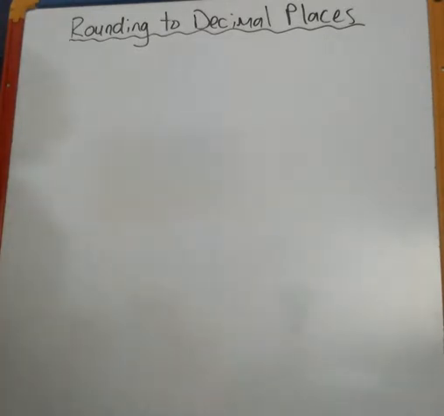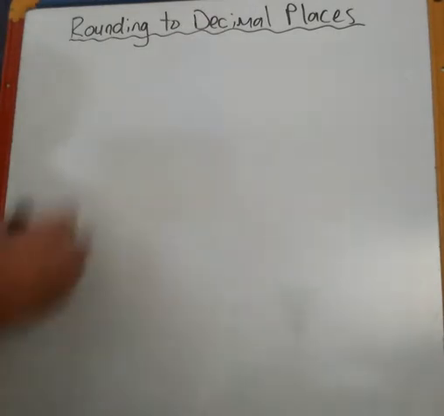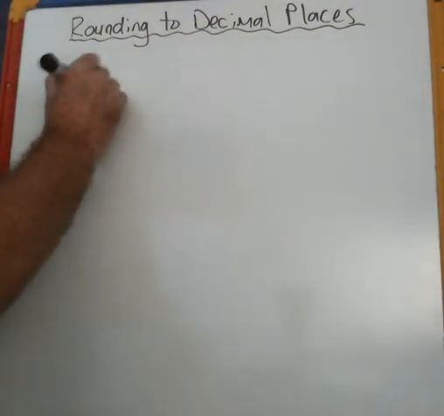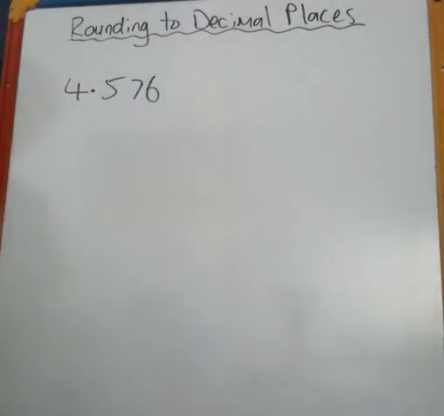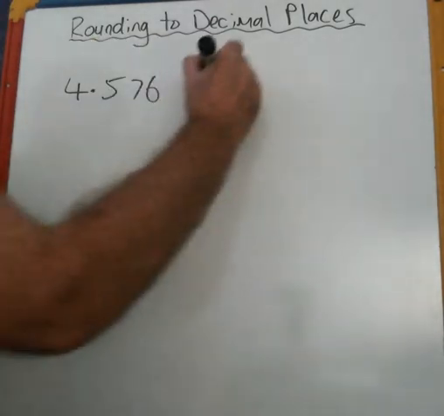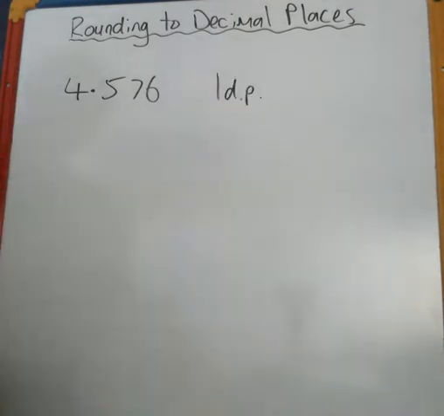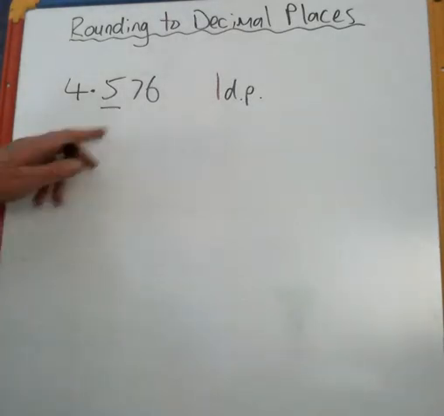The main rule for rounding doesn't change, and that is that 5 or more rounds up. If it's less than 5, then it doesn't change anything. So for example, if I wanted to round 4.576 to one decimal place, I'm going to underline the first decimal place, the 5.